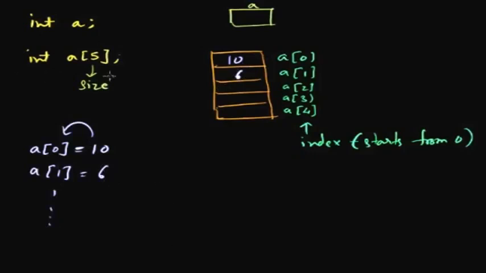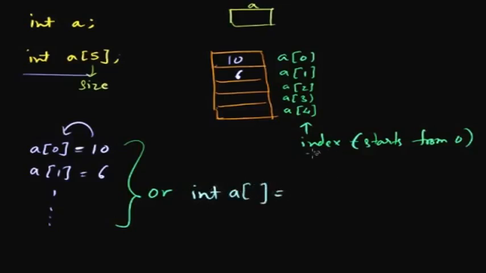So we first declared an array and then we initialized it. We initialized its elements one by one. There is also another type of initialization as well as declaration. So another way of initializing and declaring is, you can say int a, and you can directly give values within curly braces.